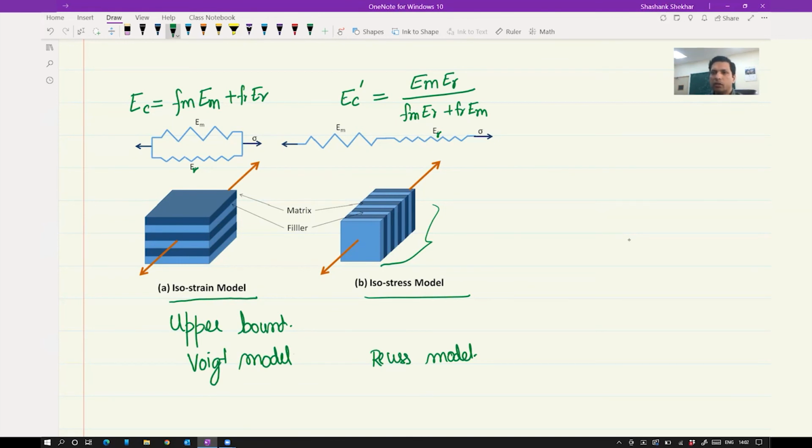In this case, what we get is actually the lower bound, meaning the elastic modulus can never be below this for a composite. So if you know the elastic modulus of the matrix and the reinforcement phase and their volume fractions, then your composite elastic modulus cannot be lower than this value.